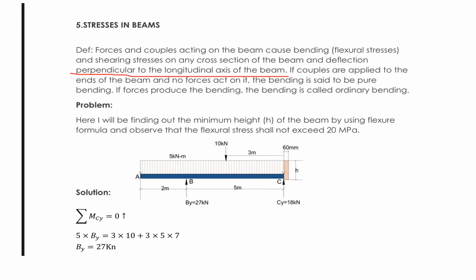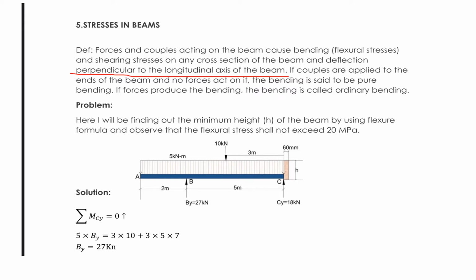Here the problem is that we are going to find the minimum height of the beam by using the flexural stress formula, which should not exceed 20 megapascal. So here I have provided a figure for this stresses in beam computation. Then summation of moments at Cy.